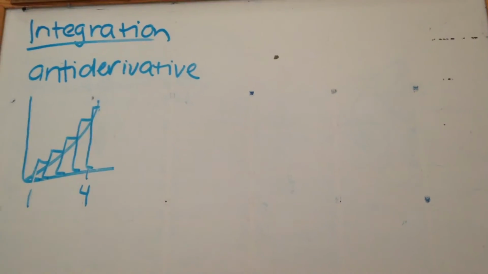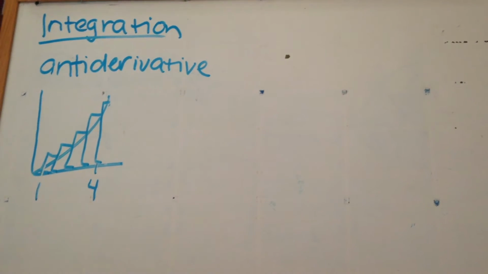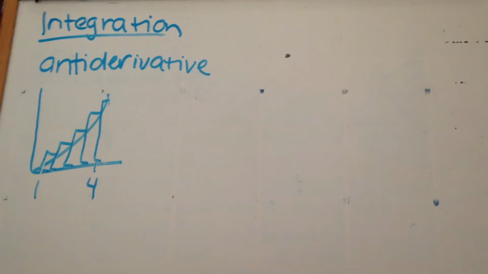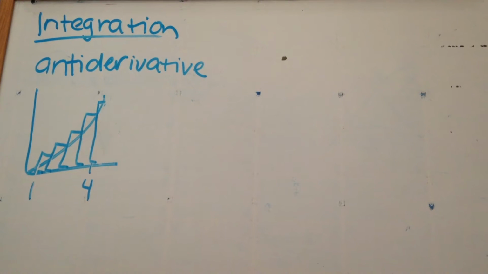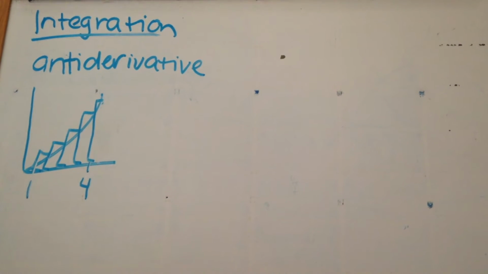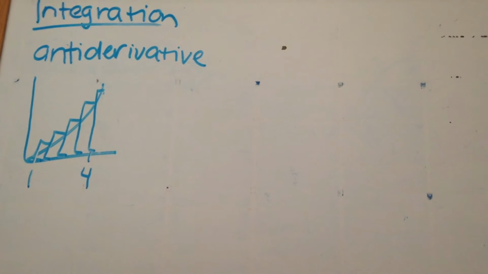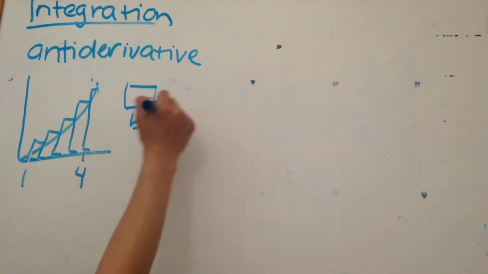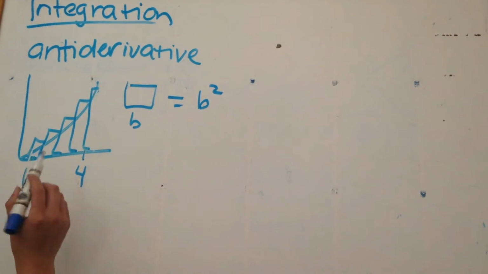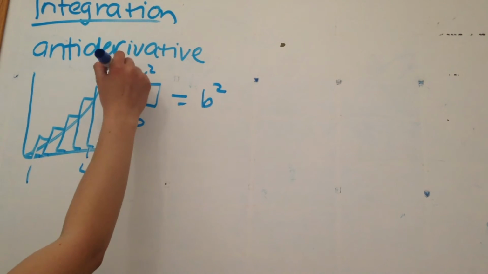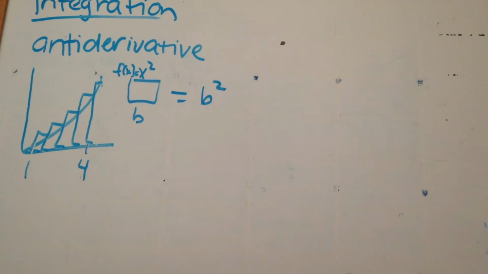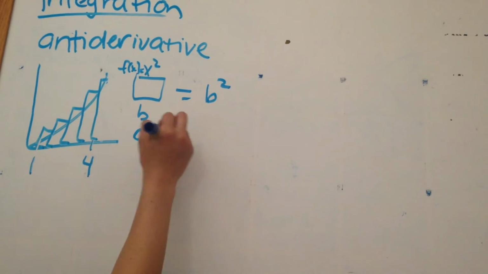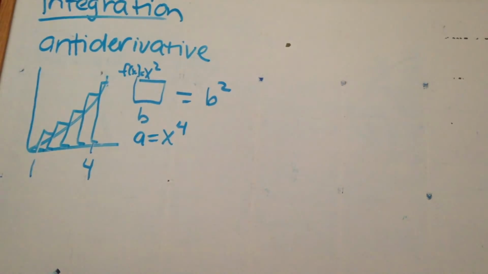So another thing we can do by using the antiderivative is to find the volume that a function makes, which is kind of hard to explain, but for this one we're doing cross-sections, so this is how you find the volume of a function that's turned into a shape. We're going to use a square, so the area of a square is b squared, and the base in this case would be x squared, because that's the function. So the area that we're finding is x to the fourth.